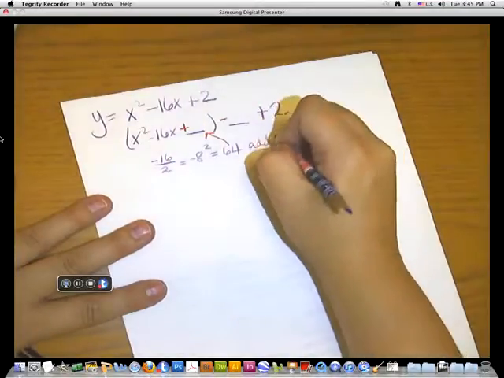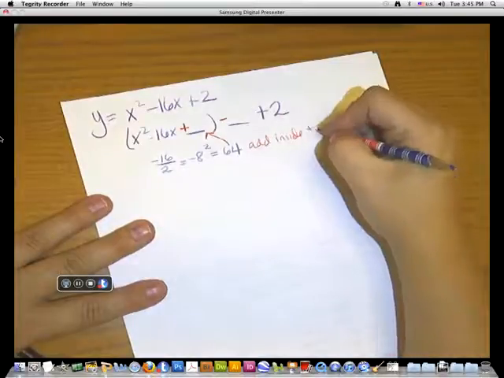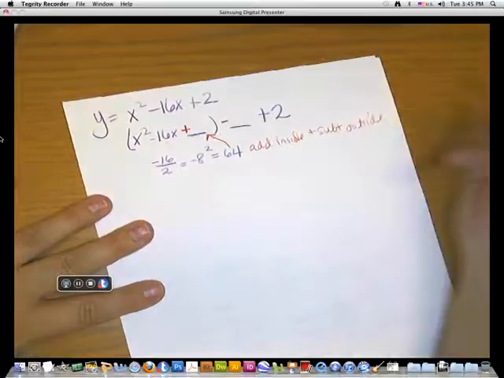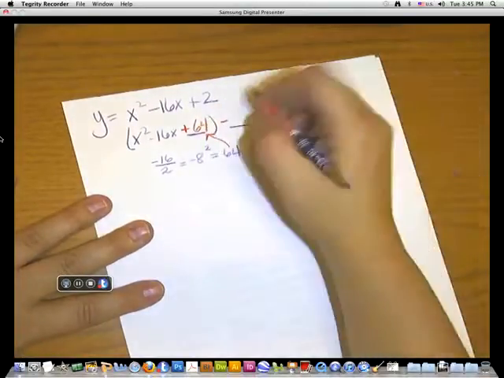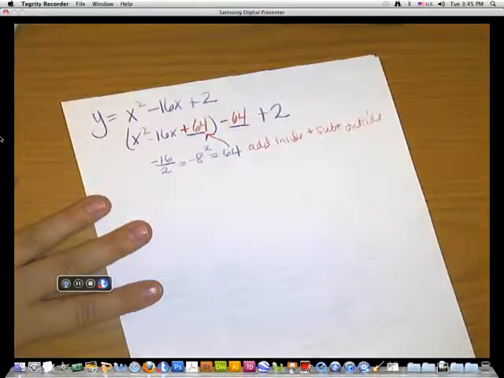So we're going to add inside and subtract outside. So plus 64 minus 64.